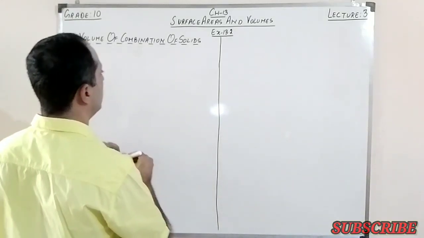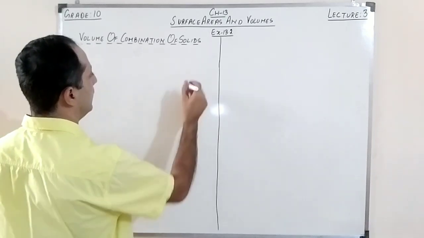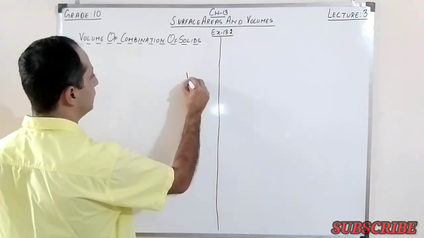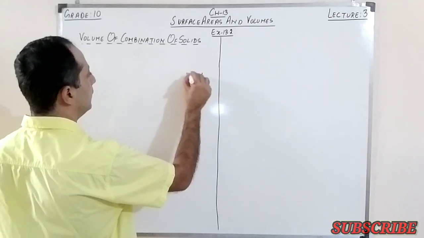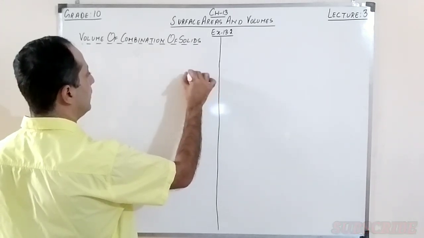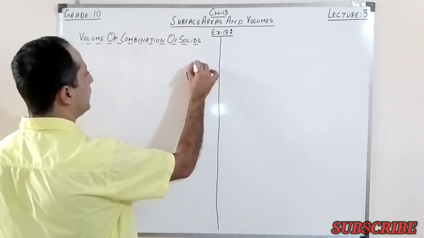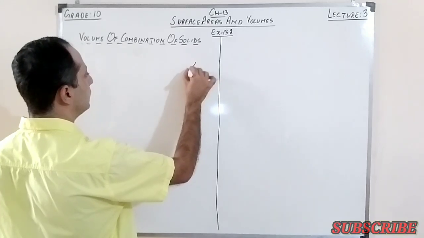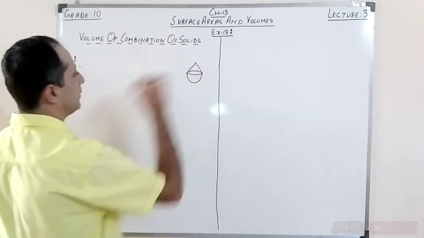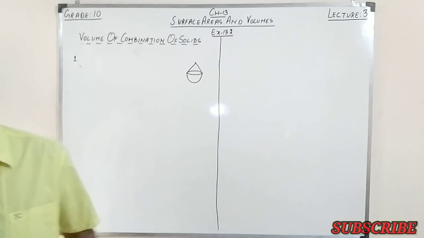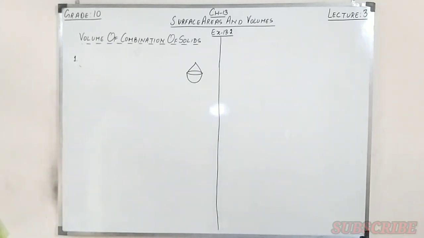Now, what do we have in the first question? We have here a hemisphere and a cone over it, something like this. Now, what is given to us? The radii of both is 1 centimeter and the height of the cone is also 1 centimeter, right?